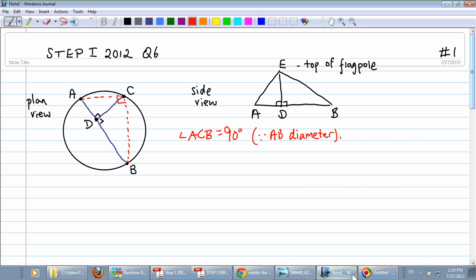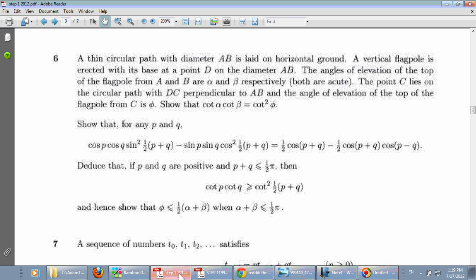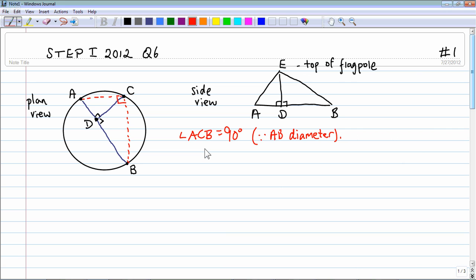What we're required to prove, if you remember, was cot alpha cot beta equals cot squared phi, where the angle, if I remember correctly, the angle alpha is here, the angle beta is here, and the angle phi I have not shown.